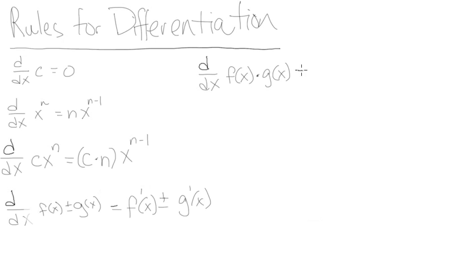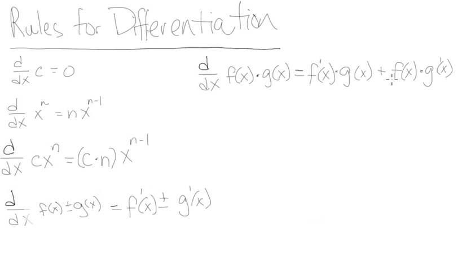For multiplication, if you want to take the derivative of two functions multiplied together, what you need to do is take the derivative of the first function and multiply it by the second function, not its derivative. Then you add to that the original first function times the derivative of the second function.